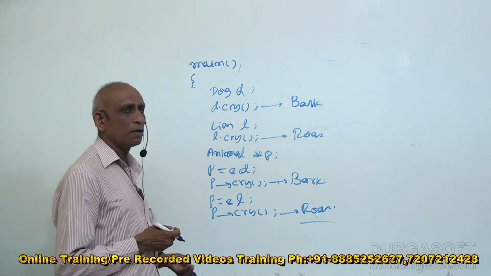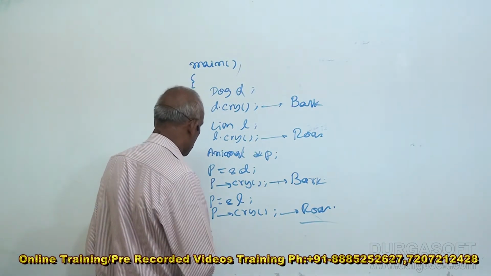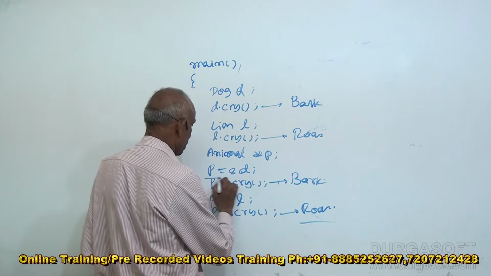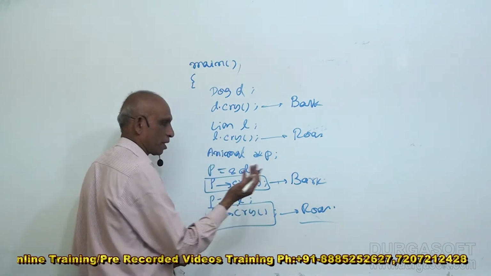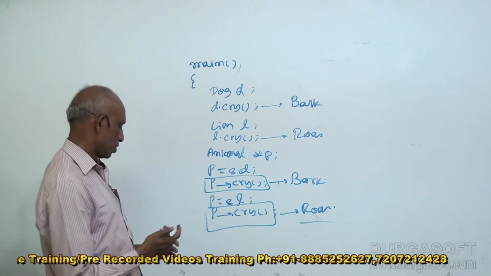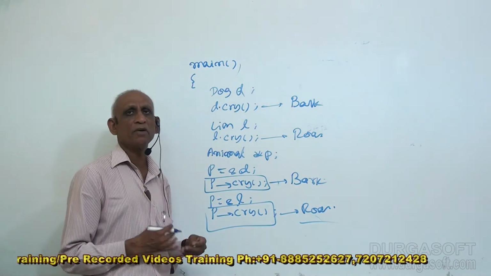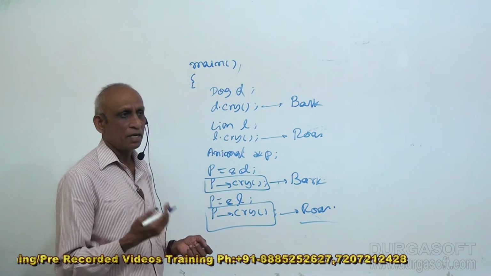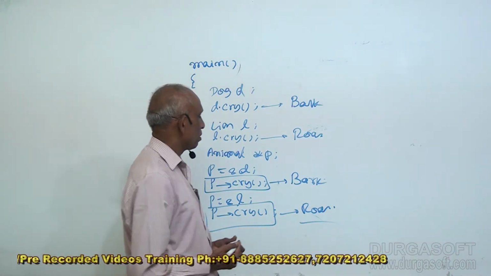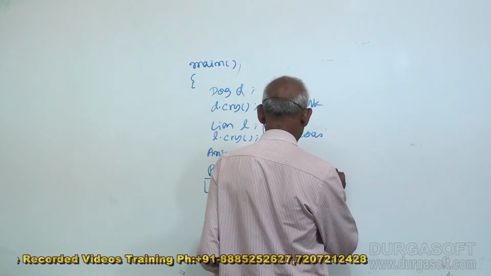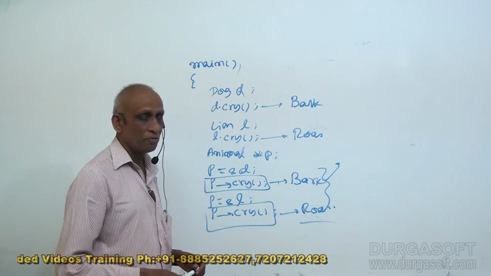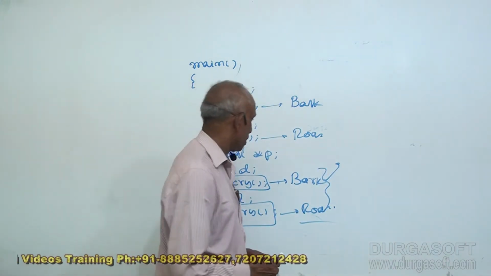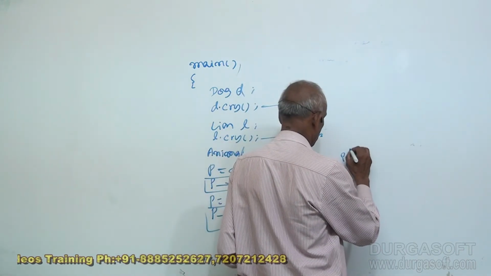This is what is called polymorphism. You can see here P arrow cry, exactly the same statement, but the output is different. So the same function behaving differently in different contexts is called polymorphism.